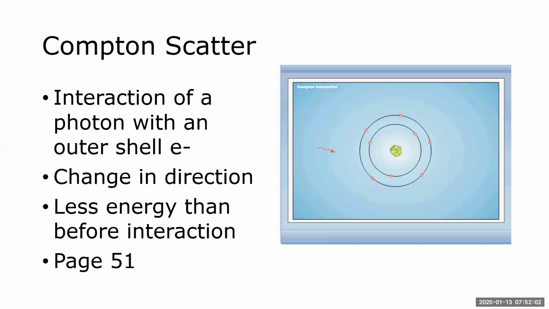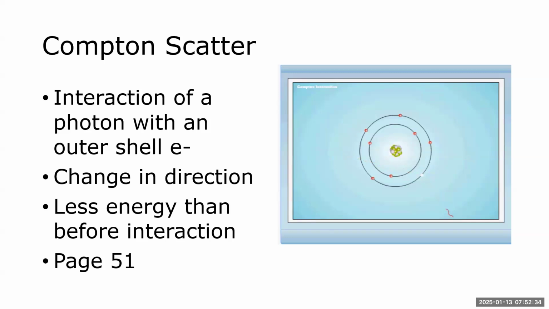So Compton scatter, if you remember, is the interaction of a photon with an outer shell electron, where the photon changes direction and has less energy than it did before the interaction. So you can see the photons coming in, interacting with an outer shell and going in a different direction. It doesn't have as much energy as it initially did.